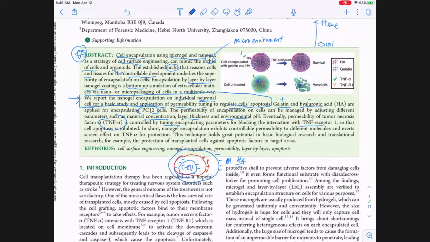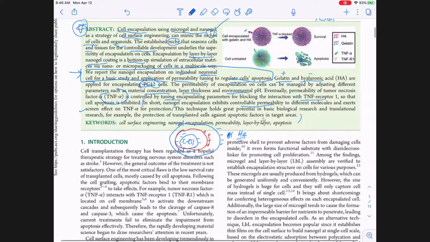In that case, to start cell apoptosis or cell death, we inhibit this procedure. In short, the nanogel can deliver controlled permeability to different molecules, and we can use this to screen effects of TNF alpha, to protect the neuronal PC12 cell.